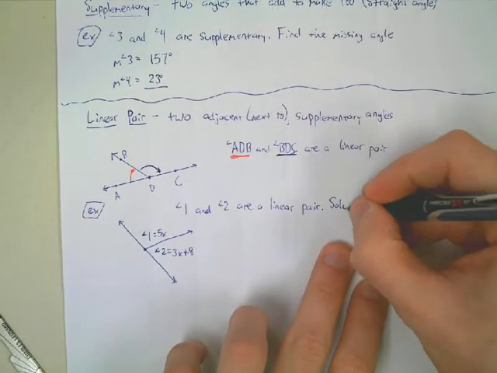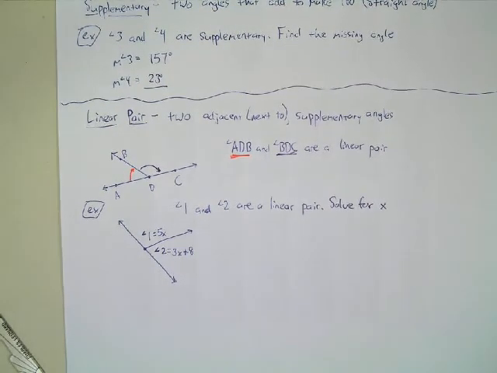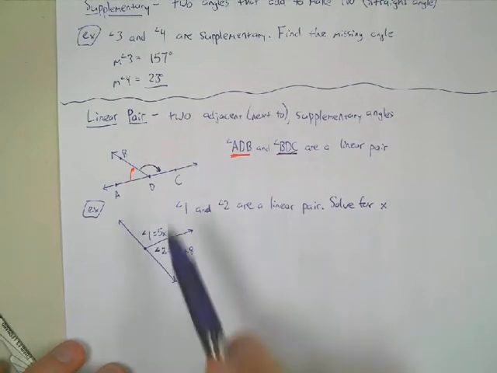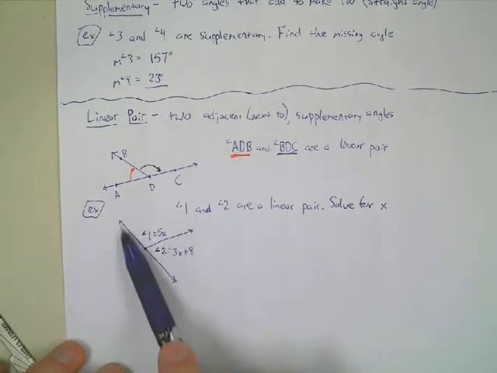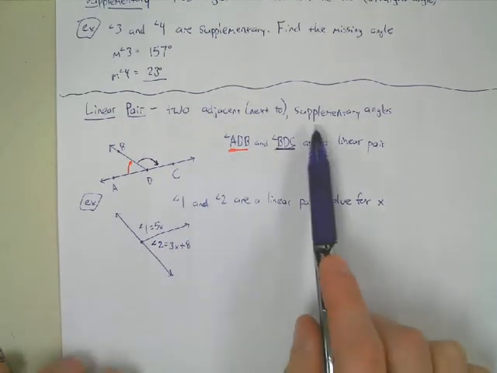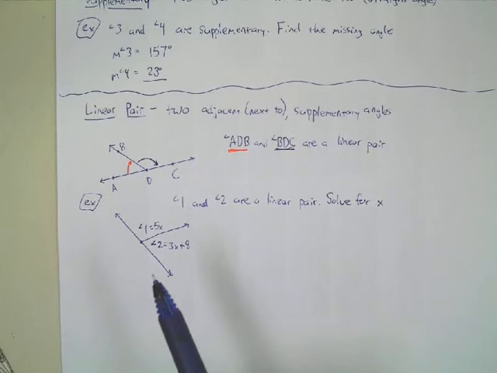So angle 1 and angle 2 are a linear pair. That means they are adjacent. They're next to each other. We can see in the picture they're next to each other, so that's nothing mind-blowing here. That also means they're supplementary, though, which means if angle 1 and angle 2 are supplementary, they have to add up to make what? 180.